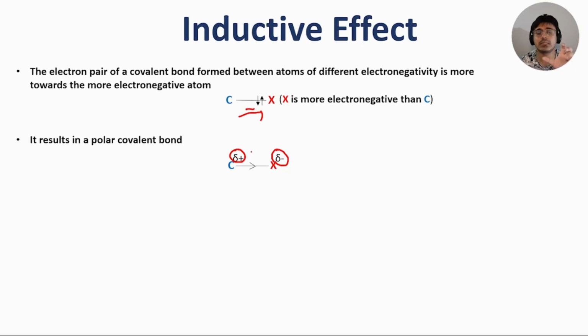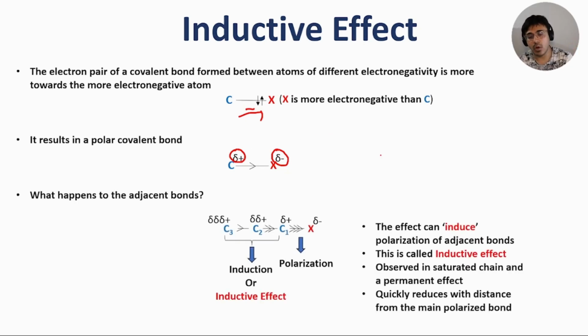Now once this polarization happens in a molecule, what happens to the adjacent bonds? As we know, in an organic system we have a chain kind of system, a carbon-carbon-carbon chain. If we have this kind of pulling effect from the polarized bond, what will happen to all these other bonds?